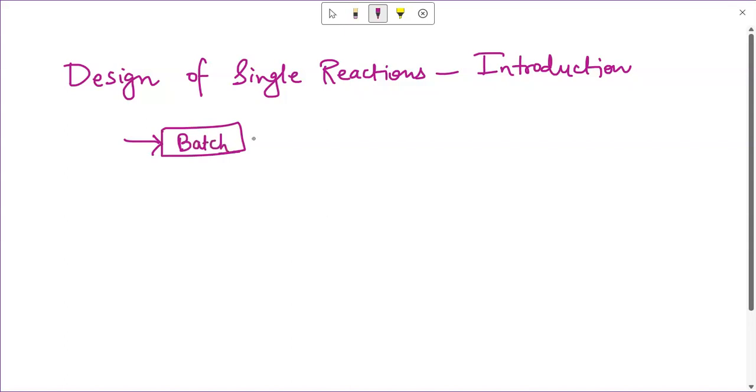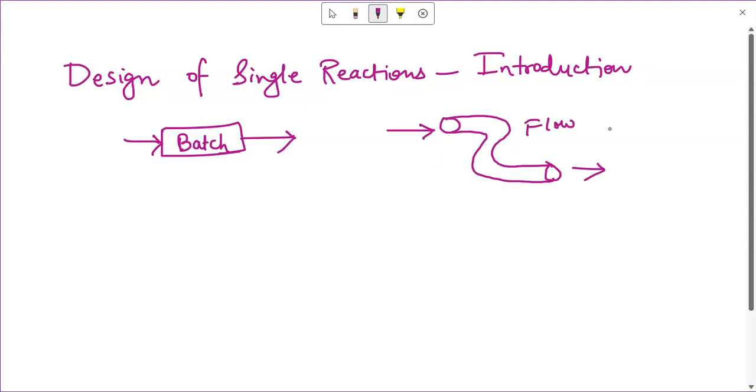Let's say this is a batch reactor. You can also process it through a flow reactor. Let's say you have a tubular coiled reactor. You can use that also for processing the fluid. This is a flow reactor.